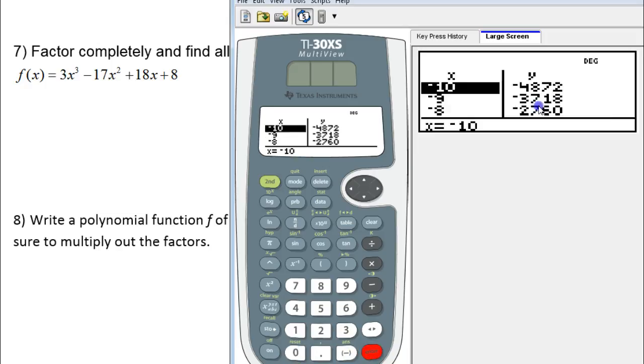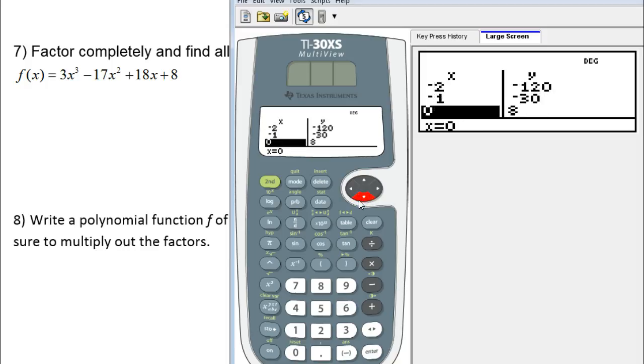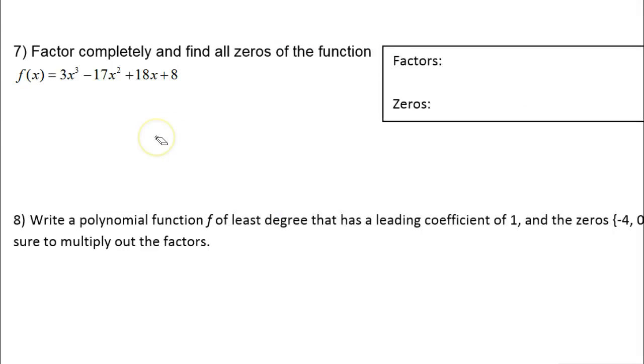I'm going to scroll down looking for 0 over here. That's not it, by the way. So 0, 2 is one of our zeros, positive 2. Okay, great. So I'm definitely going to write down positive 2 as one of my zeros and x minus 2 as one of my factors.